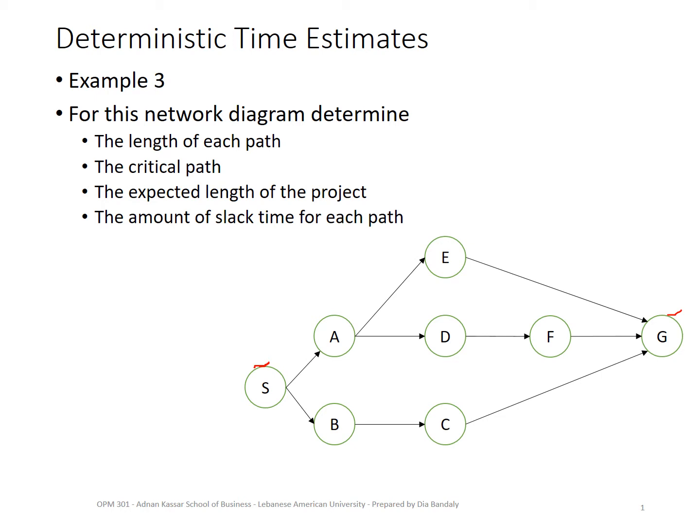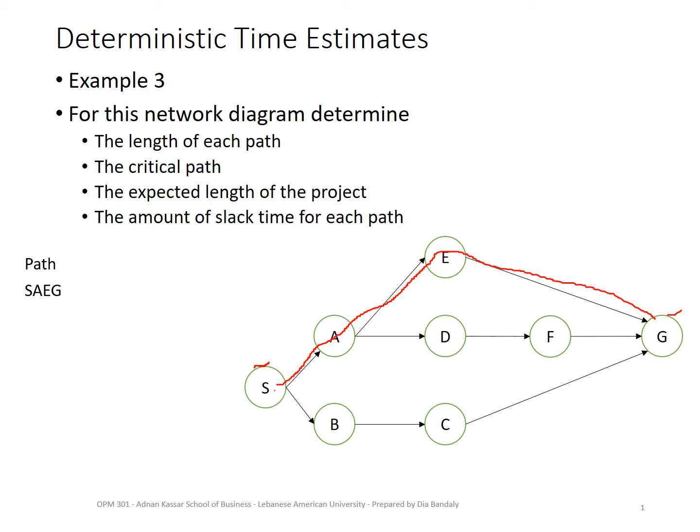How do I do it? I start with the starting node. I go first to node A, then I go up to E, then G. So here we go, this is my path. My first path is SAEG. My second path, why don't you try to do it yourself?